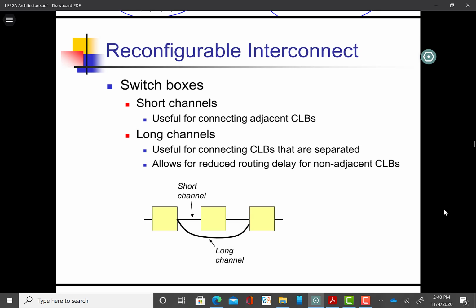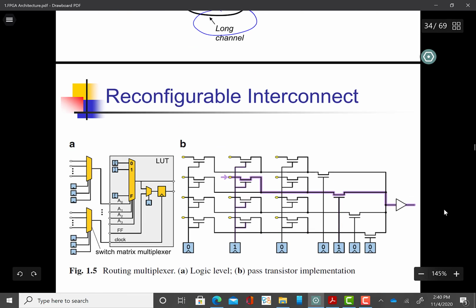Switch boxes with short channels are useful for connecting adjacent CLBs, and long channels are useful for connecting CLBs that are at large distances. So these are the two kinds of switch boxes. For example, here we can use short channel switch boxes, and here we can use long channel switch boxes.